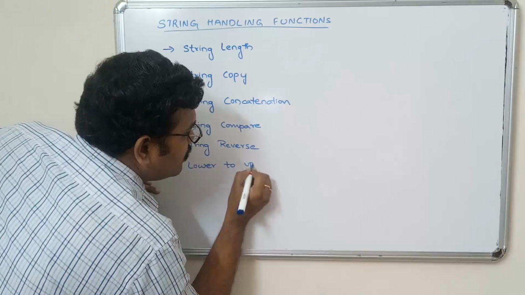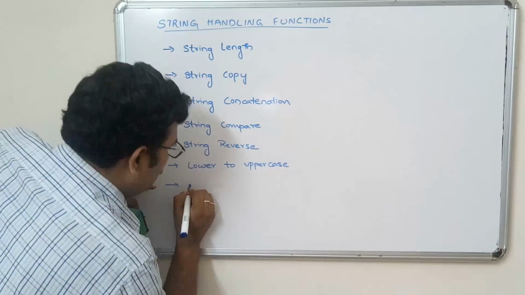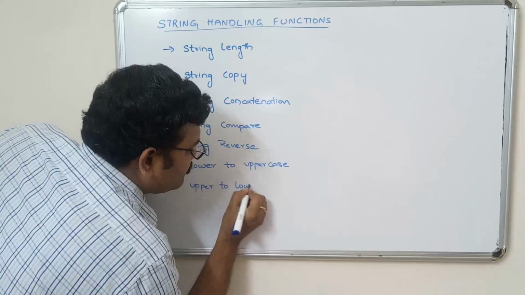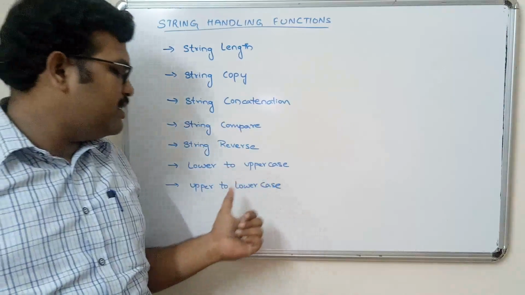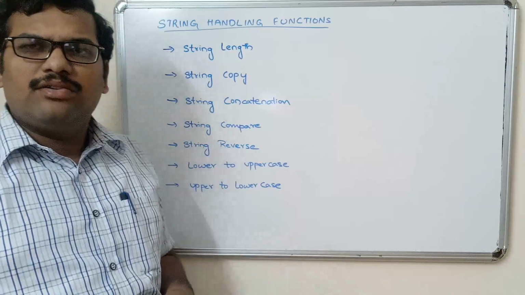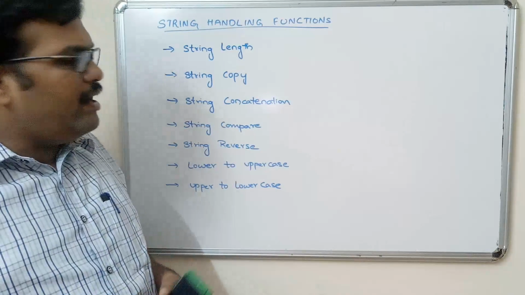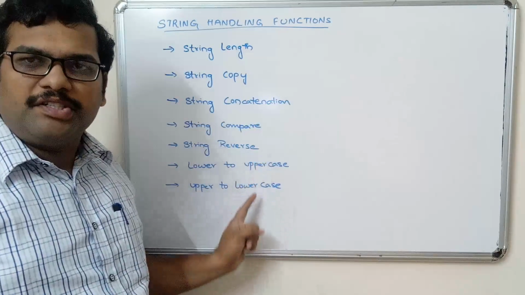Then lower to uppercase characters, and upper to lowercase characters. So conversion of lower to uppercase and upper to lowercase. Mainly these are the different string handling functions, and we have a predefined function for every operation.